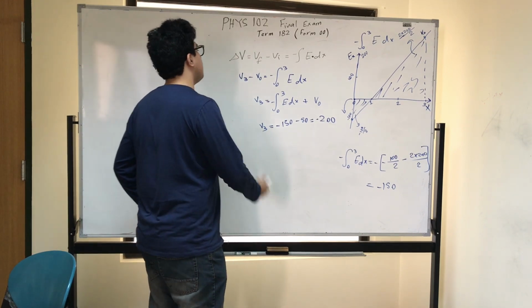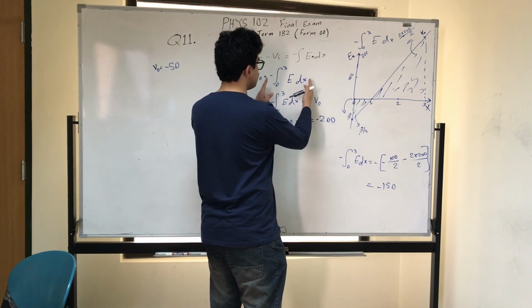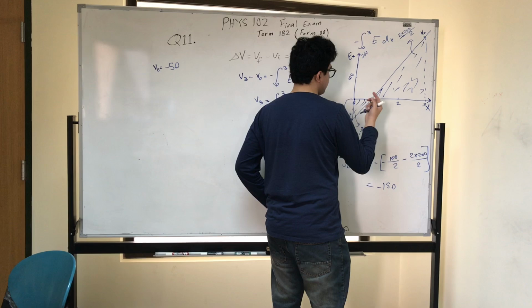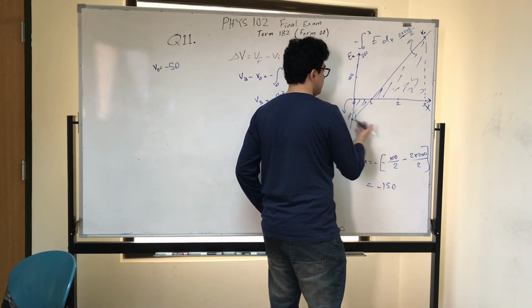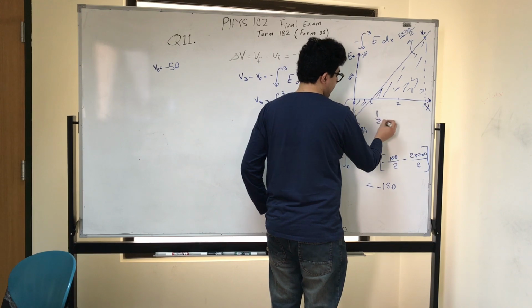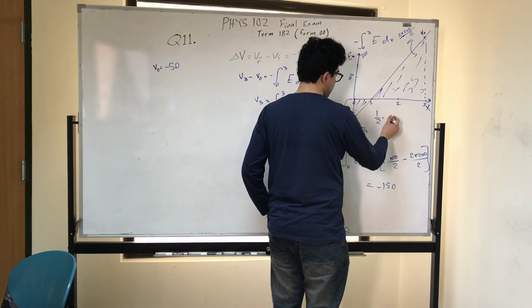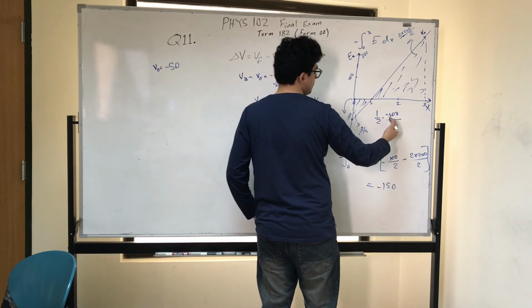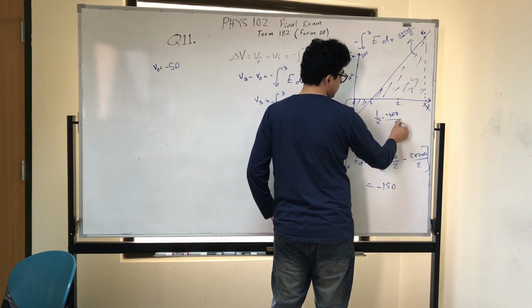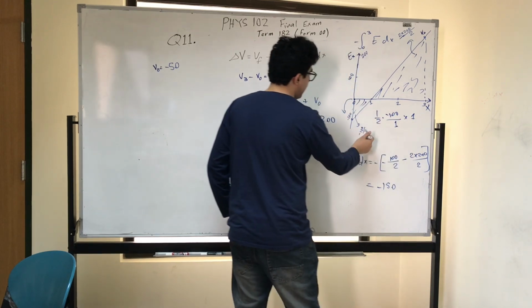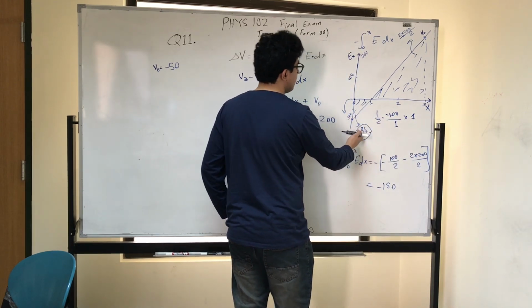Okay, let's now evaluate this integral, or this value. So if you want to get the area over here, we use the formula for triangle area, 1/2 times the height, which is actually minus 100, times the base. So the area of this triangle is minus 100 over 2.